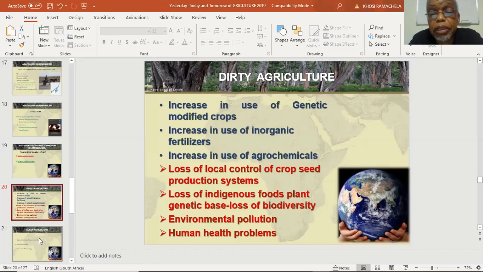The environmental pollution. Imagine the herbicide agrochemicals which are sprayed in the agricultural production systems, and most of our fields are in the water catchment areas. All these chemicals flow into our water bodies, be it rivers, dams, and then eventually find their way into underground water.